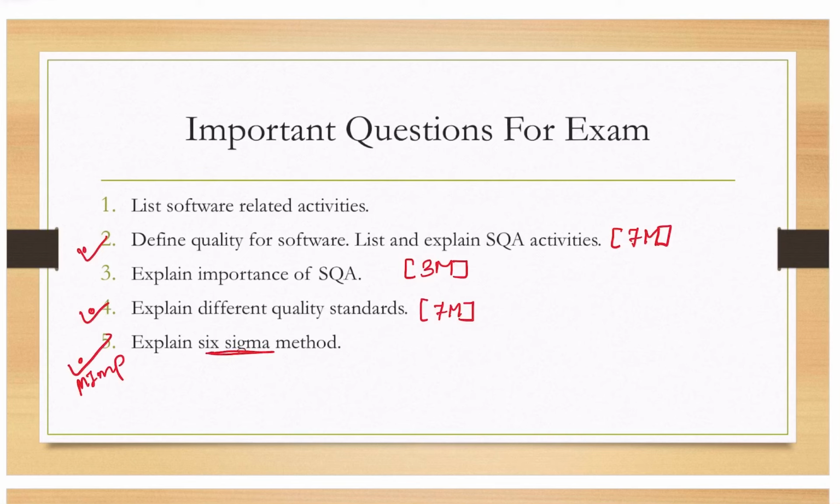Then we have to define all the steps of Six Sigma, that is DMAIC and DMADV, right? This is also asked for 7 marks or maybe 4 marks. The most important questions are Six Sigma, define quality software and explain SQA activities.